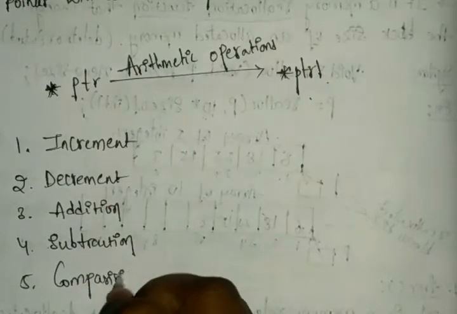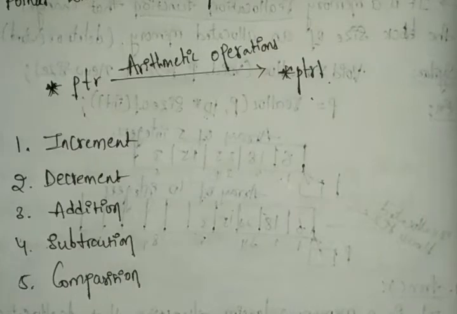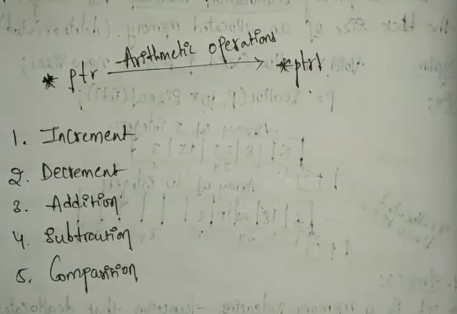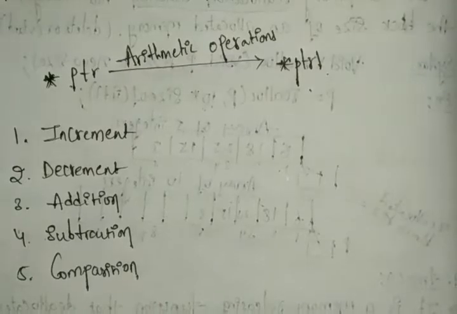So here we can perform the arithmetic operations with the pointers by using these 5 operators: increment and decrement, addition, subtraction, and comparison.